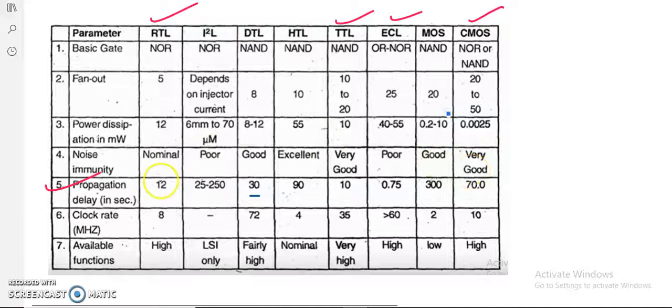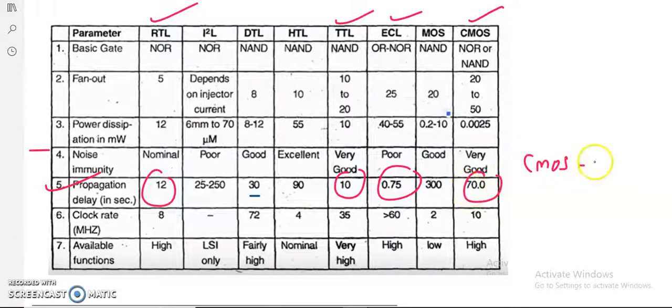Here RTL is having 12 and TTL is having 10. The propagation delay of ECL is very least, that is 0.75, and CMOS is 70. Out of 12, 10, 0.75 and 70, which one is having the highest propagation delay? CMOS, right?